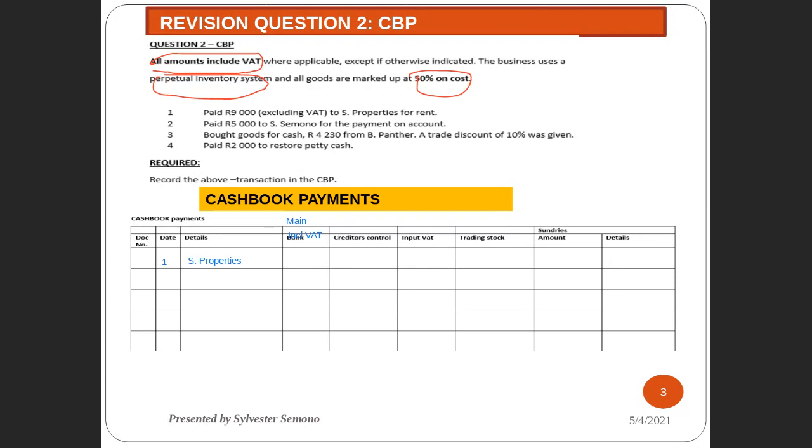I want you to tell me, as you can see, we paid 9,000 excluding VAT for rent. Tell me under which columns we are going to record and which amounts we are going to record. I give you 1 minute. Write in the chat: this is the amount that I must record under this column, and this is the amount under that column, before we discuss.